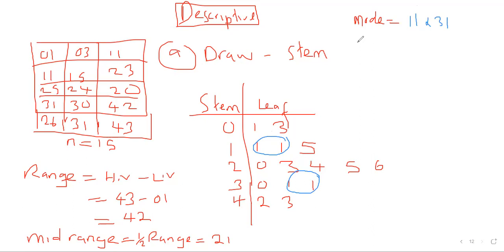So we also want to identify what we call the quartiles. We have 3 quartiles. Can somebody tell us the 3 quartiles that we have? The first quartile, which is Q1, is given by a quarter of n plus 1.